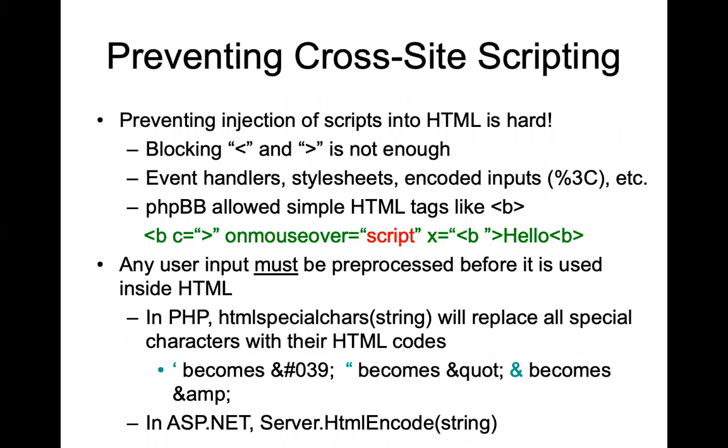So how do we prevent cross-site scripting? Well, we are going to have a full lecture on it. Next lecture, we are going to read a paper about it. But the basic idea is that just writing simple rules is not enough.